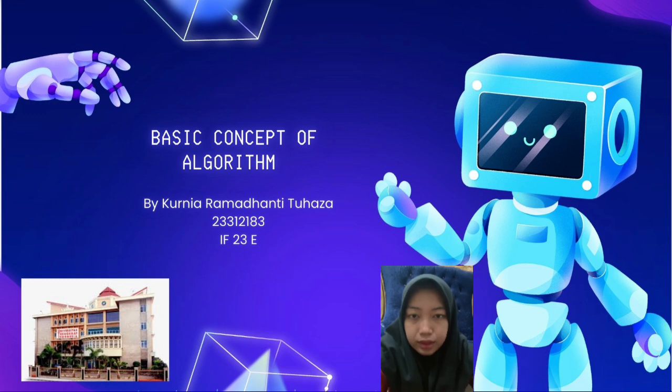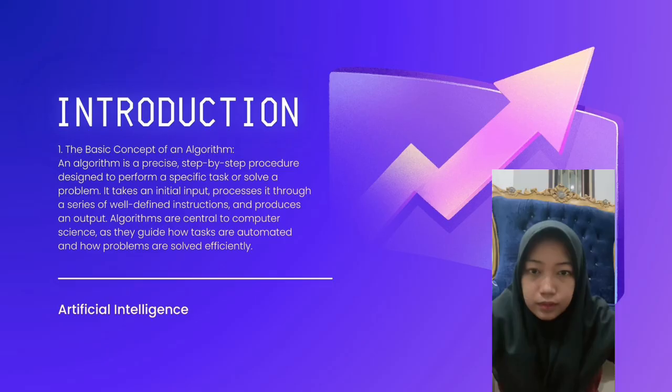Today I want to explain about the basic concept of algorithm. Number 1. The basic concept of an algorithm. An algorithm is a precise step-by-step procedure designed to perform a specific task or solve a problem.